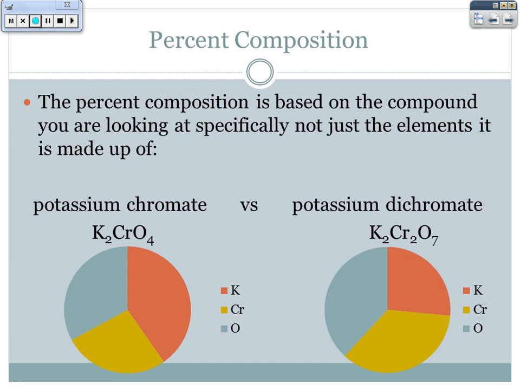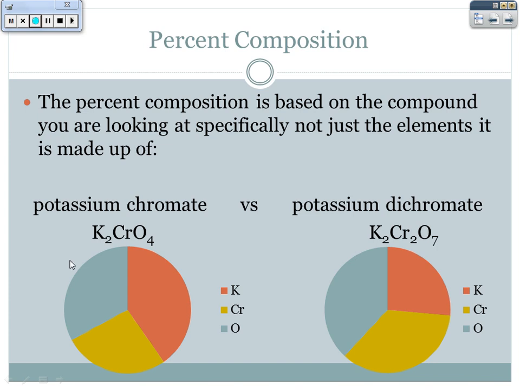For potassium chromate, I guess I forgot to put in numbers here. For potassium chromate, you can see that the chromium takes up less of the amount than it does in dichromate, which makes sense because in dichromate you have two chromiums, whereas in potassium chromate you just have one chromium.